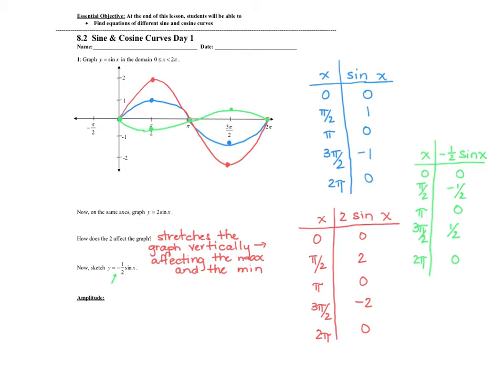What that's doing, it's affecting what's called the amplitude. And the amplitude is half the vertical distance between the max and the min. So if I want to find the absolute value of A, or the amplitude, I subtract the min from the max and divide by 2.